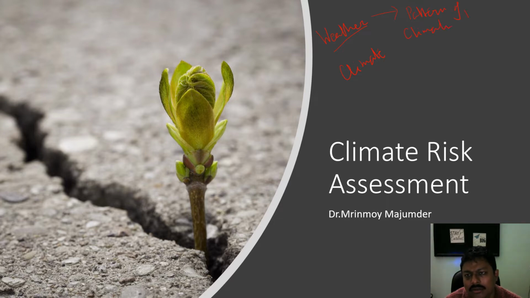Pattern of climatic parameter for one single day.